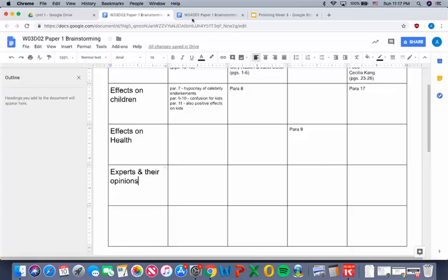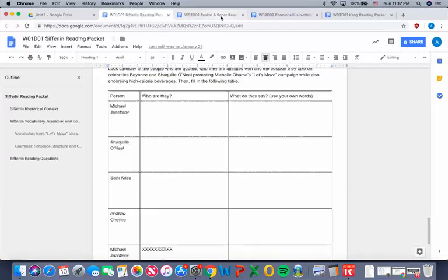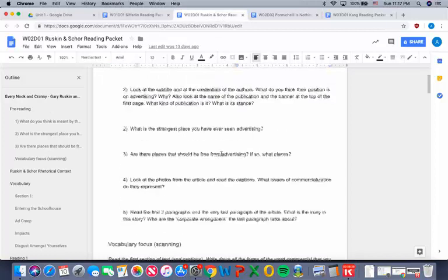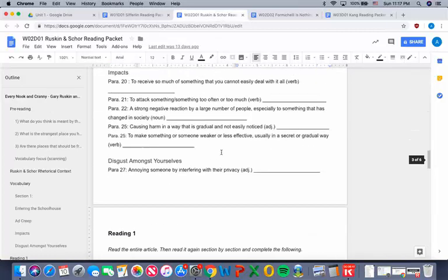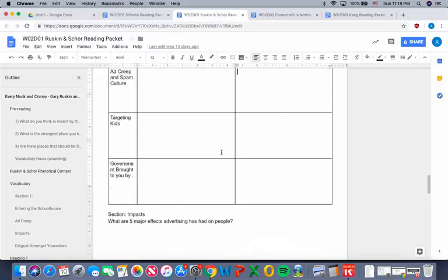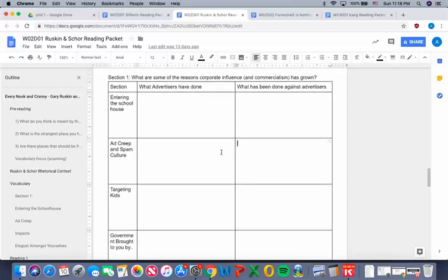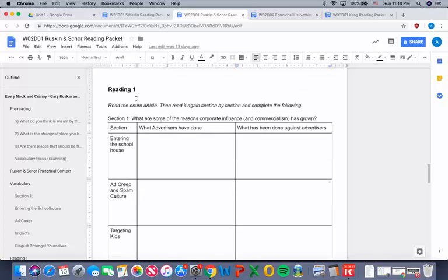Another category that I think we can look at. Let's look at the Ruskin and Shore reading packet. If we look at page 4 of the reading packet, what we have is a table that says what advertisers have done and what has been done against advertisers.